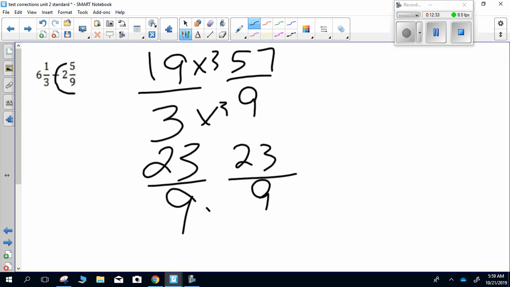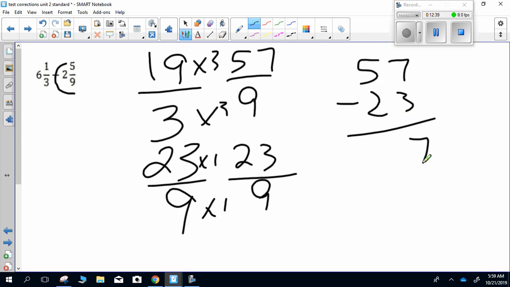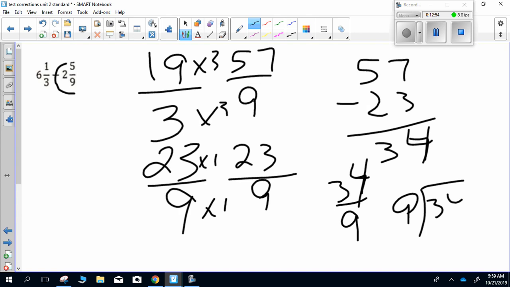That's 23 because it's times 1. 57 minus 23 leaves me with 34, so I have 34 ninths. Divide 9 into 34. That gives me 3, 27, and 7 ninths.